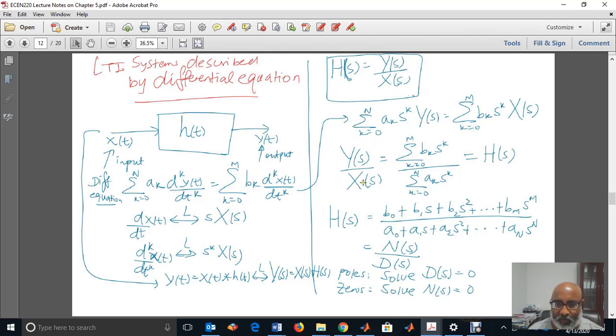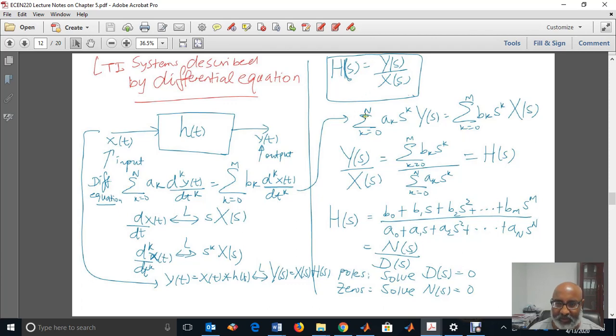What is Y of s over X of s? Now we have this, and the left side we change to the Laplace domain. What is the k-th derivative of y of t by dt^k? It will be s to the power of k times Y of s. And what is the k-th derivative of x of t by dt^k? It will be s to the power of k times X of s.